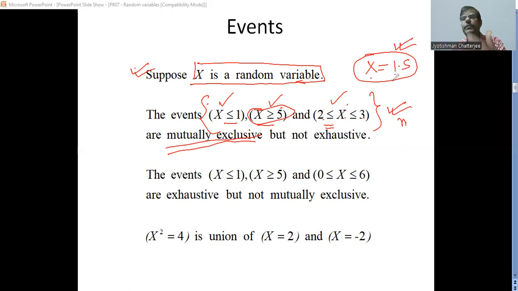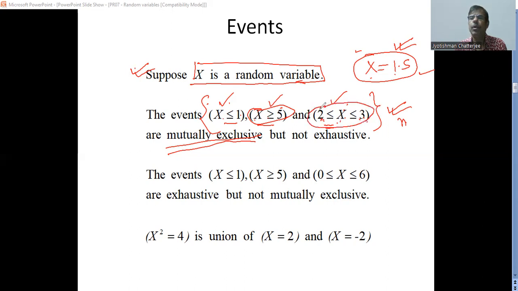Now, what happens if this value occurs? Let's see if that is covered in one of these three sets. None of the three events covers this case. Say, capital X less than or equal to 1 definitely does not cover this. Capital X greater than or equal to 5, no. And neither does this one, 2 less than or equal to X less than or equal to 3.